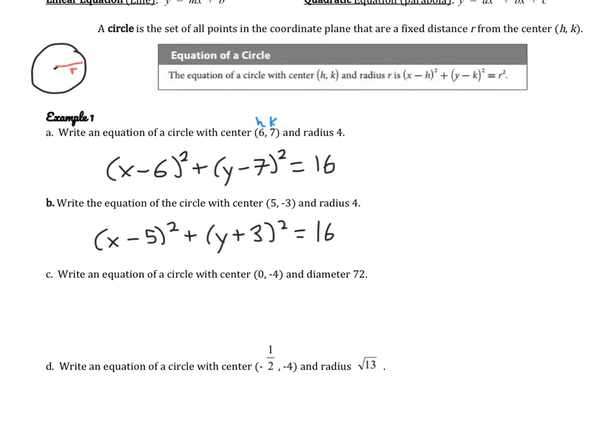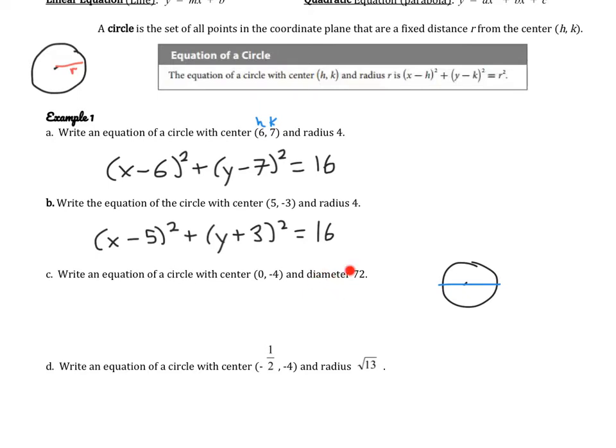In part C, let's write an equation of a circle that has a center at (0, negative 4) and a diameter of 72. So first of all, we know that the diameter is the distance from the circle through the center back to the circle.